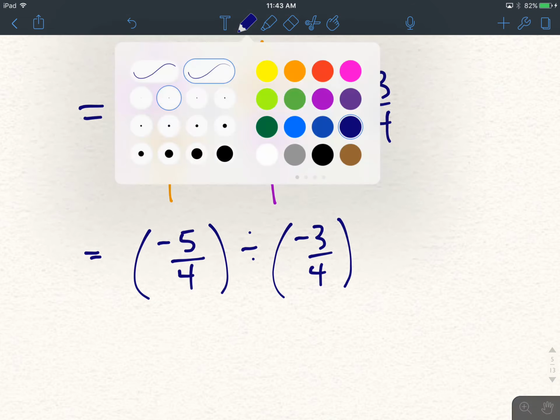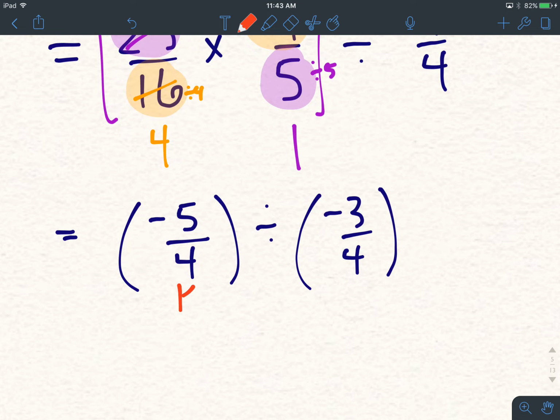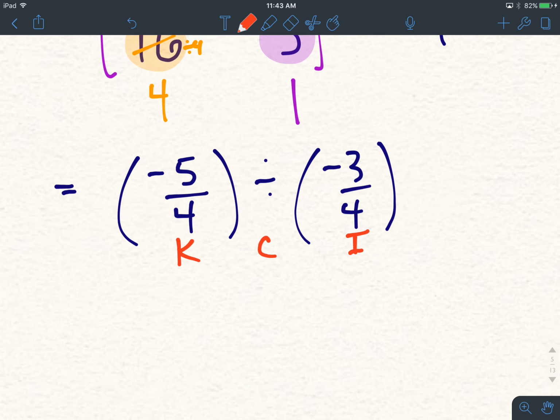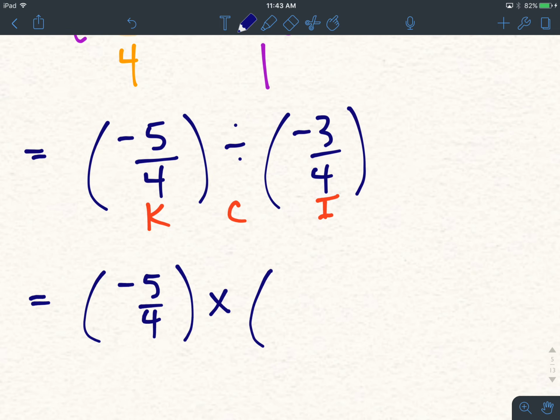Dividing fractions is the same as multiplying by the inverse of the second fraction, and the acronym that we use for that is KCI, where we keep our first fraction, which is -5/4, change division to multiplication, and invert the second fraction.